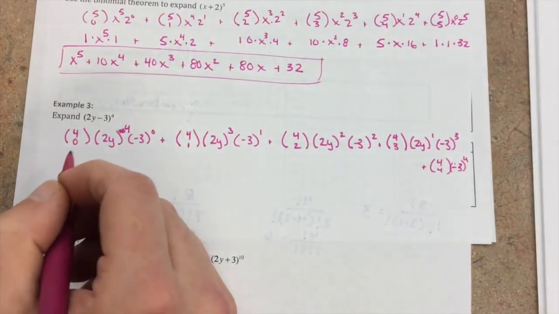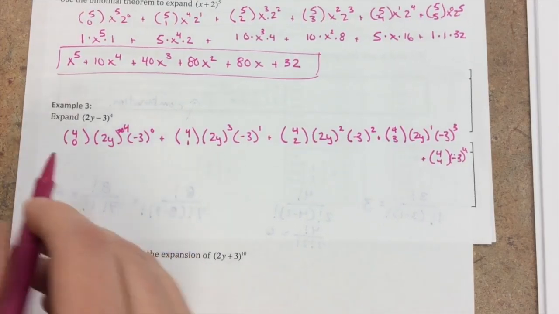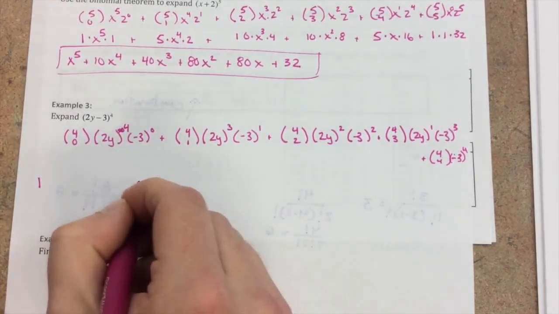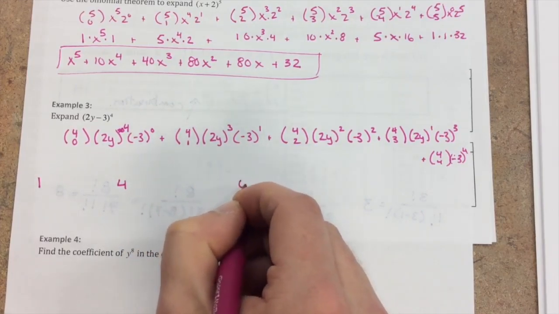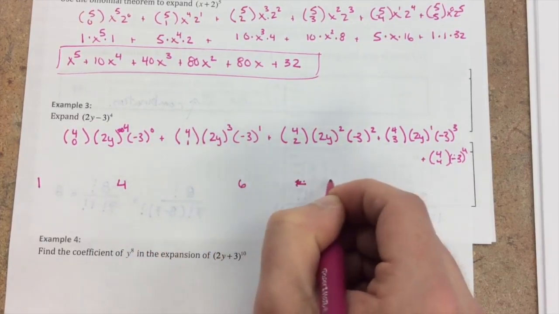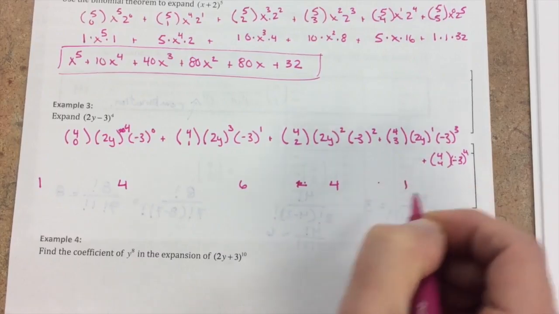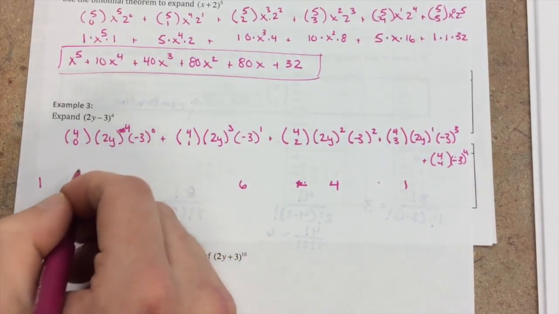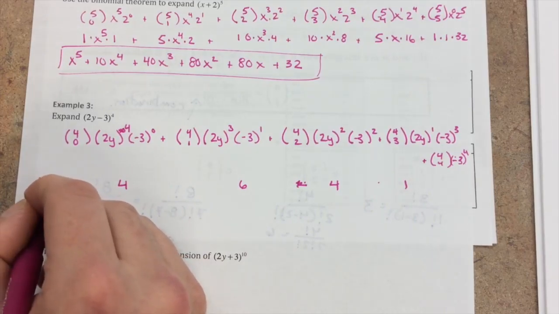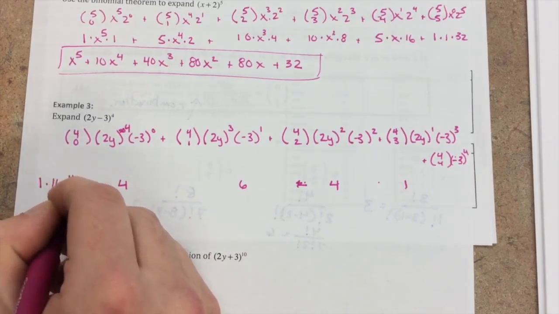So, again, if we go to line 4 of Pascal's triangle, this is 1, 4, 6, 4, 1. 2 to the 4th, y to the 4th, is 16y to the 4th.